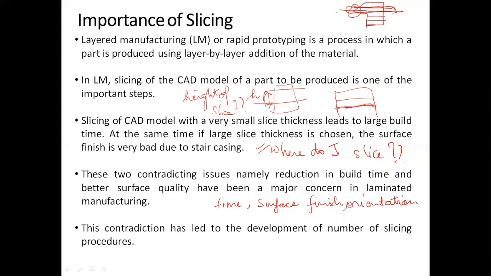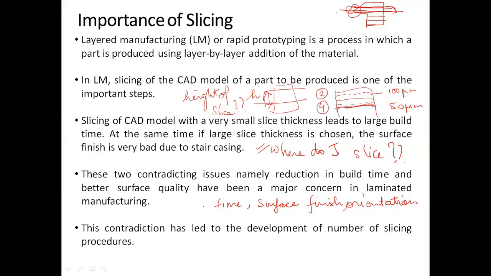So if I take thin slices, like if I assume this slice to be say 100 micron, now let us assume I take a 50 micron slice. Now the number of slices is going to go up. So rather than having only 2 slices over here, I will now have 4 slices.